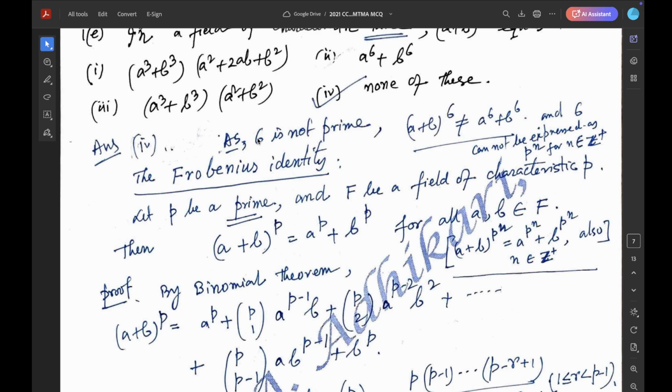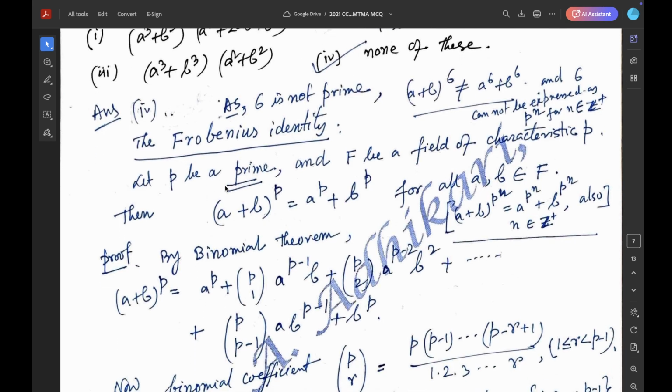As 6 is not prime, (a + b)^6 is not equal to a^6 + b^6, and 6 cannot be expressed as p^n for n belonging to the set of positive integers. Frobenius identity: let p be a prime and F be a field of characteristic p, then (a + b)^p equals a^p + b^p for all a, b belonging to F.